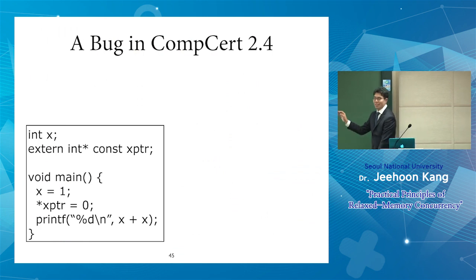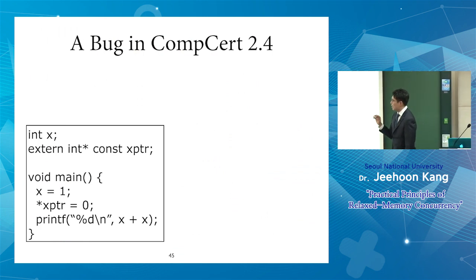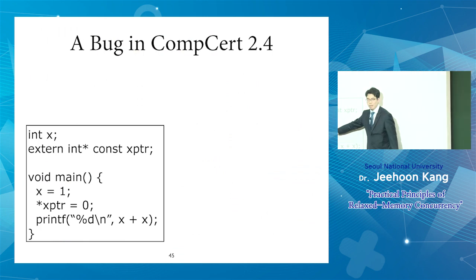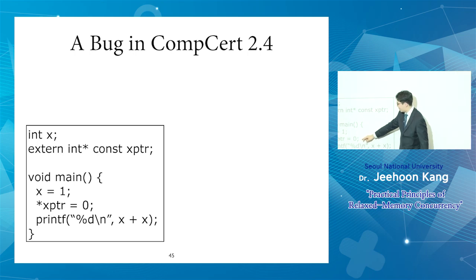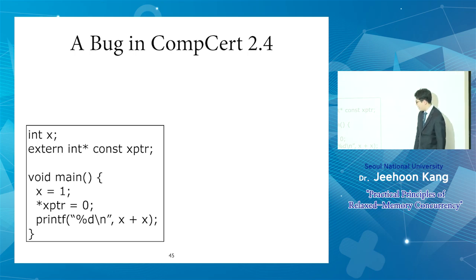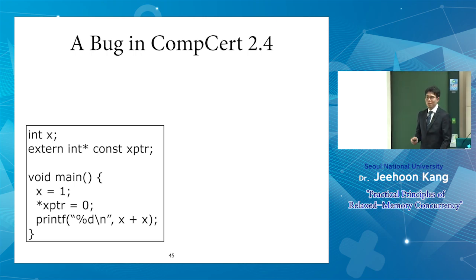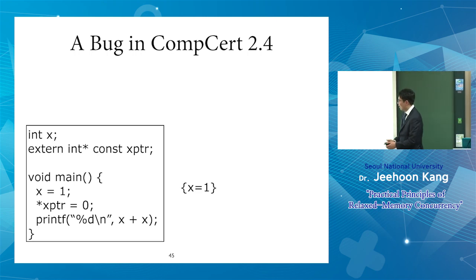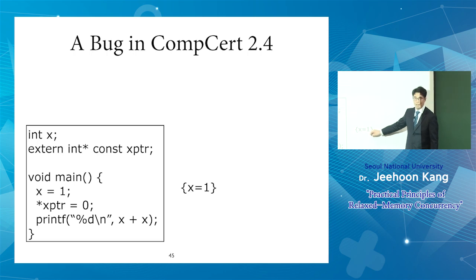Okay, let's see this example. In this example, x gets 1, and star xptr gets 0. And then x plus x is printed. Now, ComStart claims that x should be 1 after this line, which is sane because x is just assigned 1.